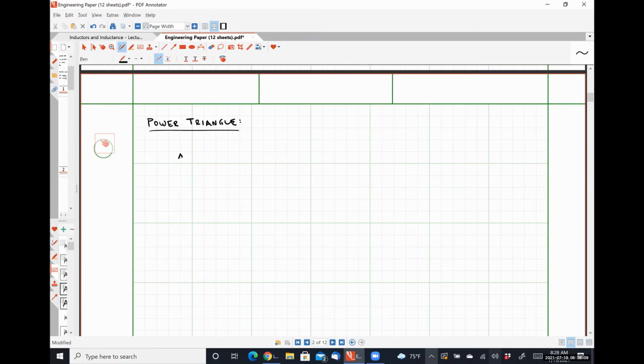So let's consider a generic inductive load. Our load will have some positive resistance and some positive reactance, like so. Our horizontal axis is the real axis. Our vertical axis is the imaginary axis.